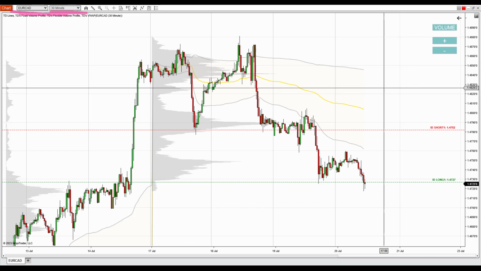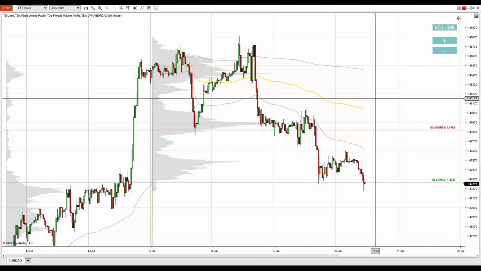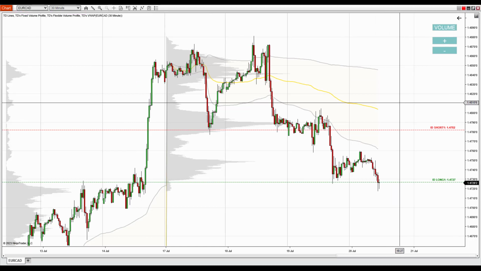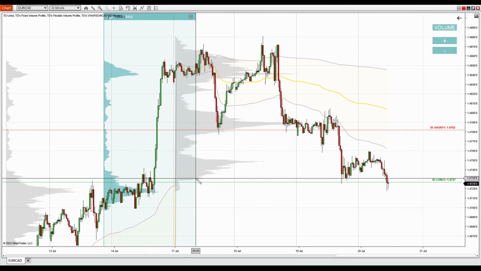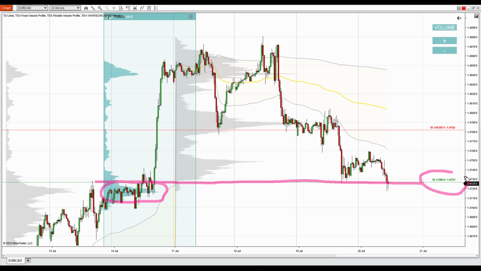And the first thing that I want to talk about is a trade that played out yesterday. The trade was based on analysis which I sent you on Monday. If you saw it, then maybe you remember that it was based on those volumes and that we had a support in here at 1.4727.